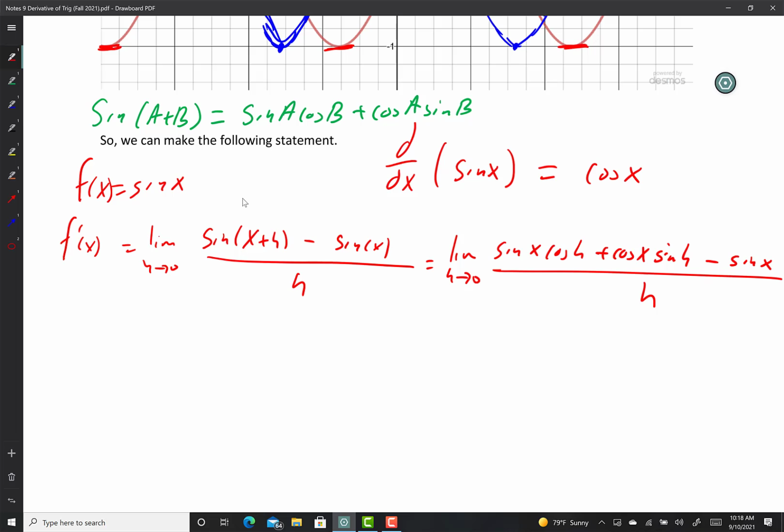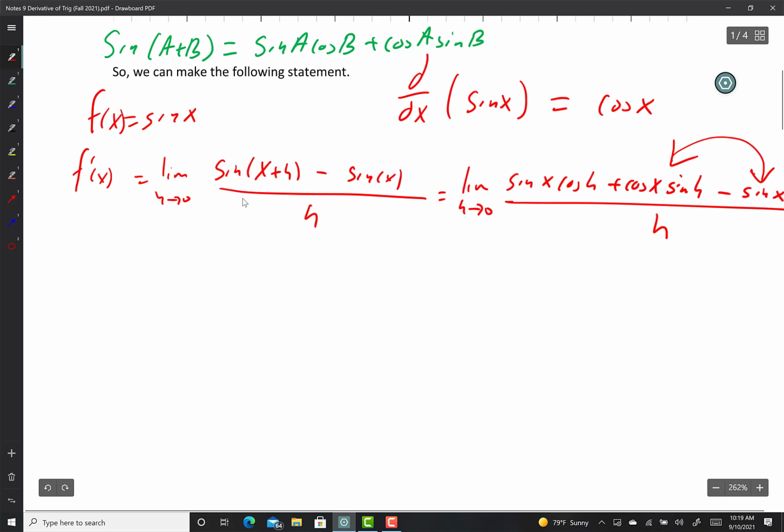How do we feel so far, guys? All right. All I'm going to do is switch these two here. Now, there's no equal sign, so you have to keep the sign, because we're not moving it to the other side of an equal sign. So you have to keep the sign.